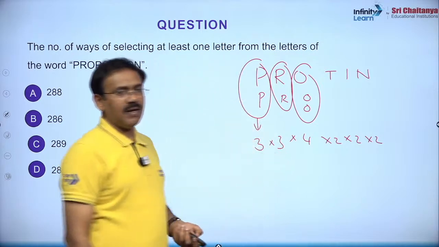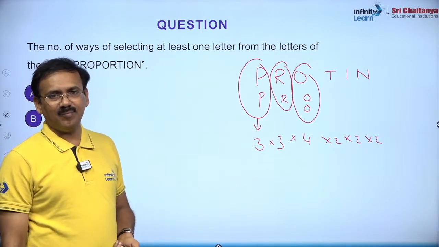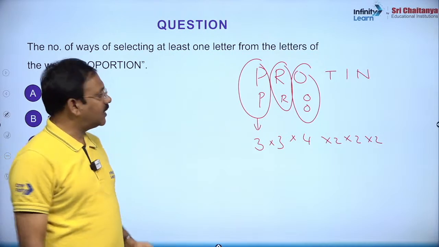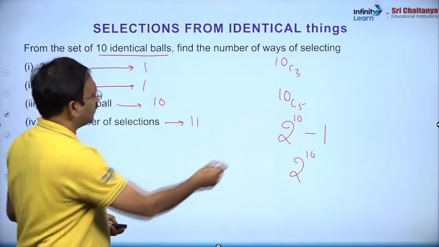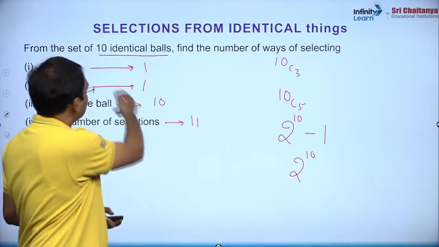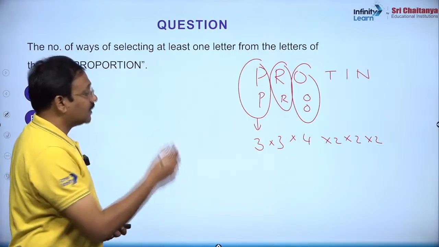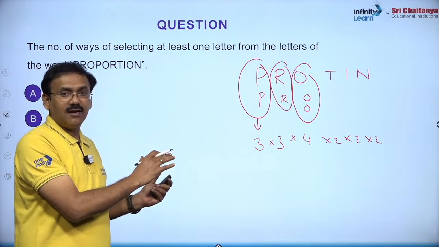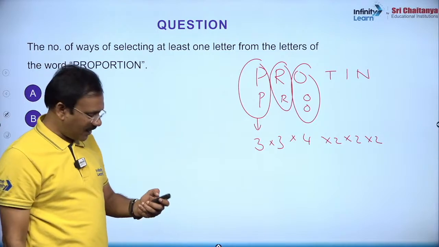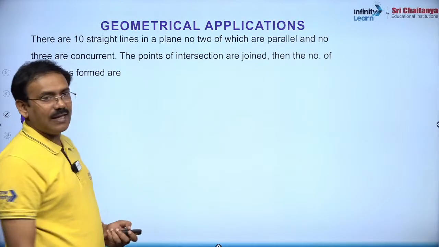You just multiply, you are going to get the answer. So total number of selections when certain things are identical. You see, this case is all are dissimilar, this case is all are identical, this case is like some identical of one kind, some dissimilar. So in that case we need to select like this.